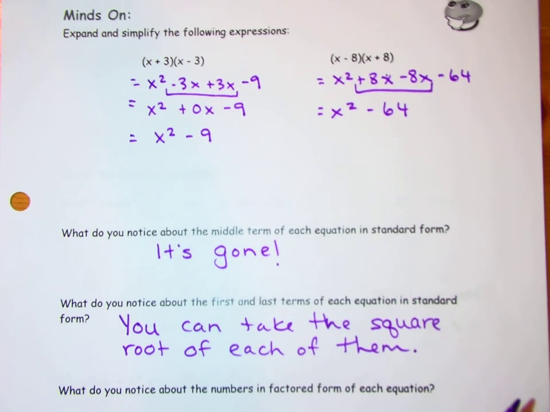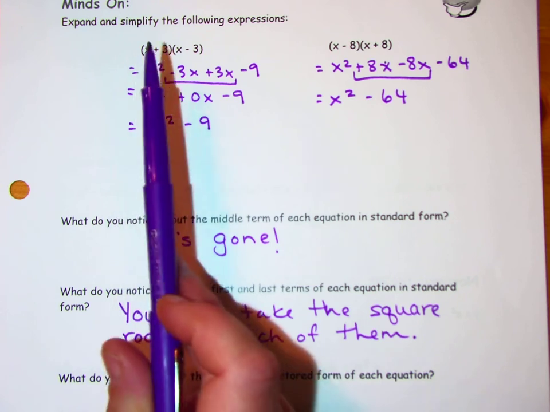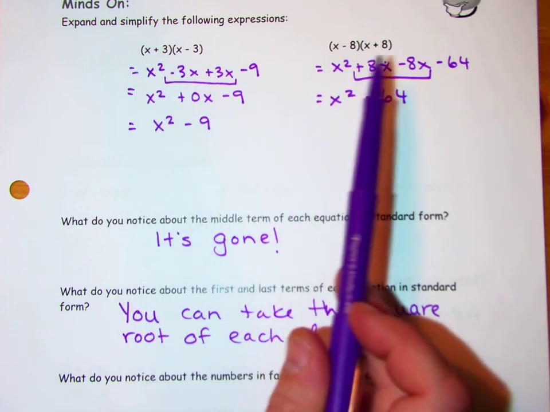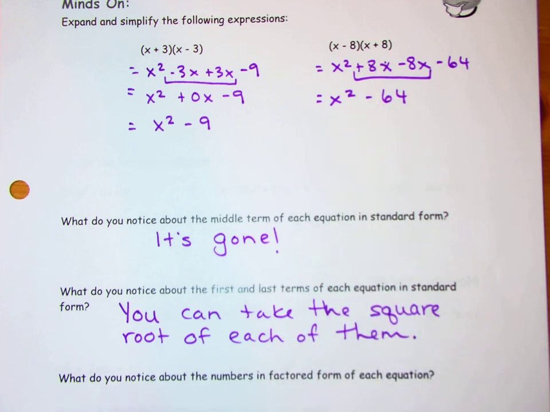The last question says, what do you notice about the numbers in factored form of each equation? So here's the numbers in factored form of each equation. They're the same number, it's just one's a positive and one's a negative.